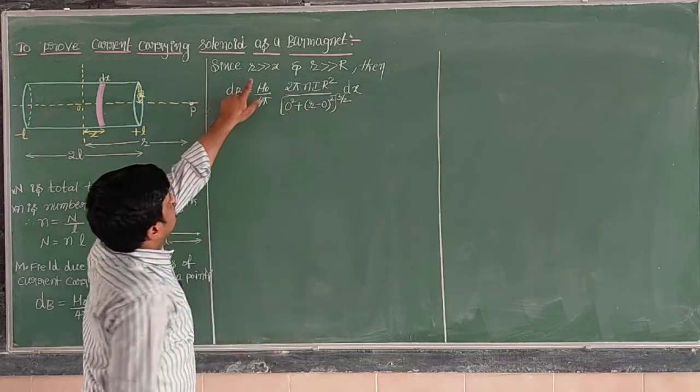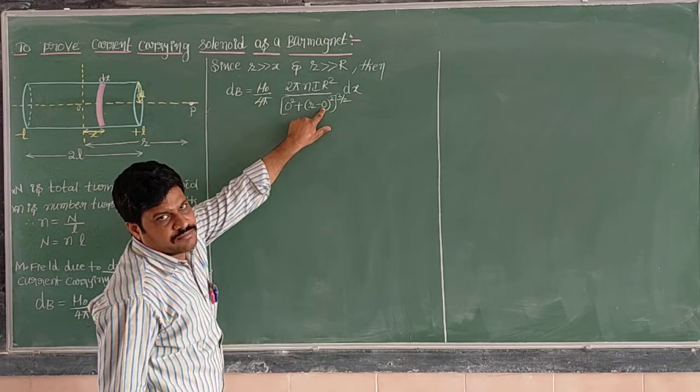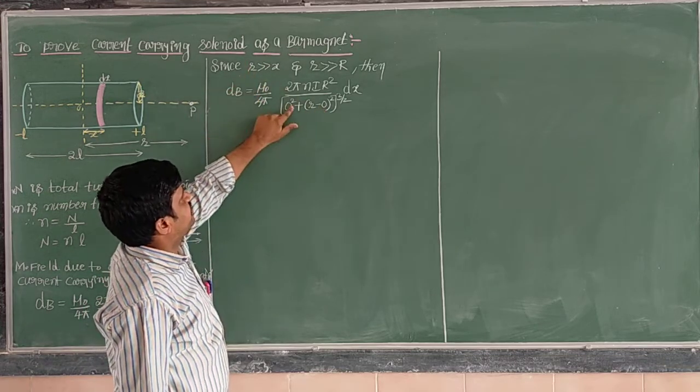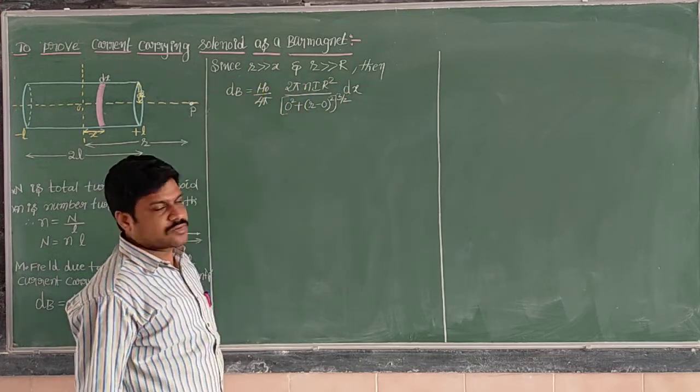Why? Because compared to the small r, x value is very small. Because of this, capital R square is neglected, and this one is also neglected.